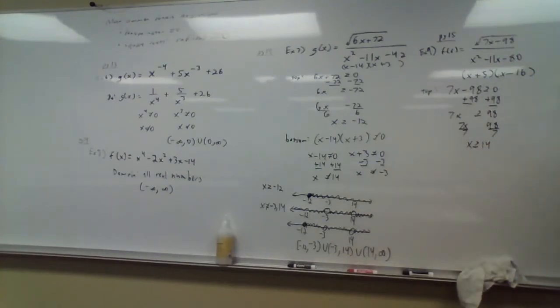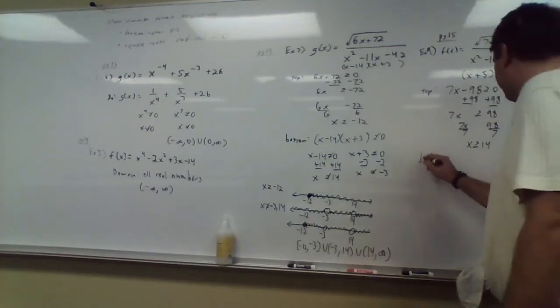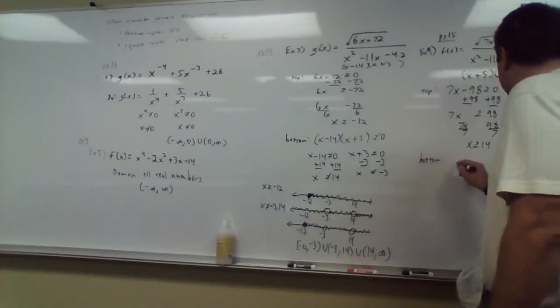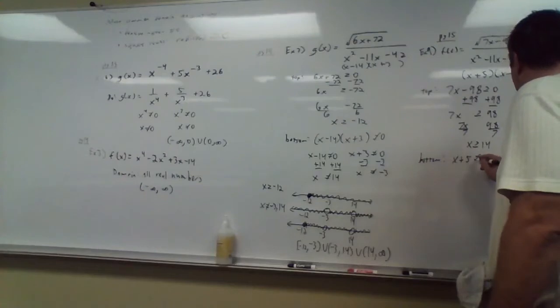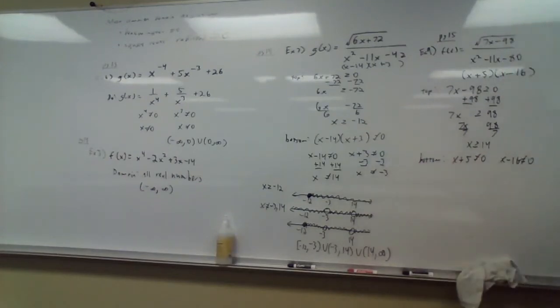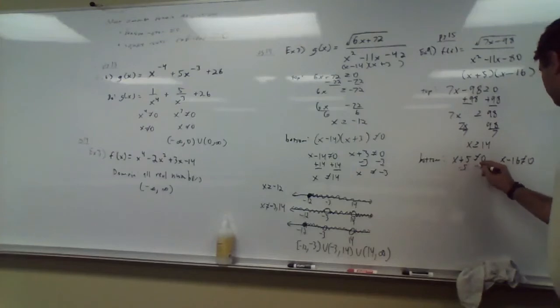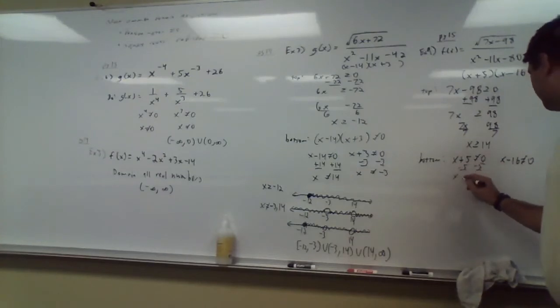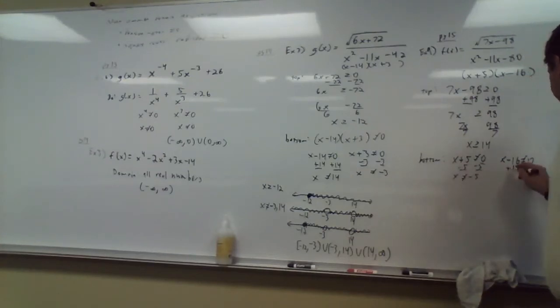Okay? Bottom. x plus 5 cannot equal 0. x minus 16 cannot equal 0. Okay? So subtract your 5, x cannot equal negative 5. Add your 16, x cannot equal 16.